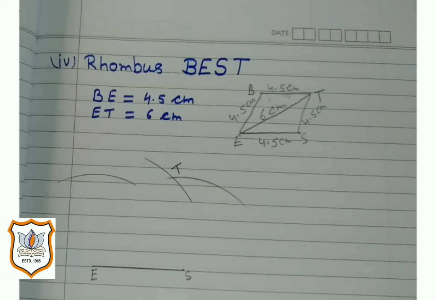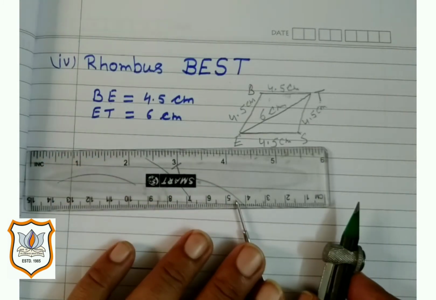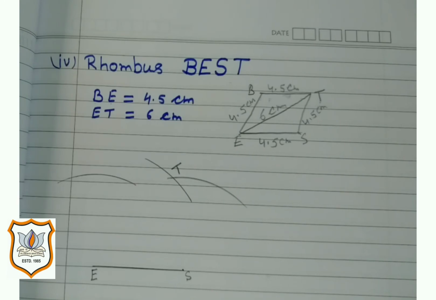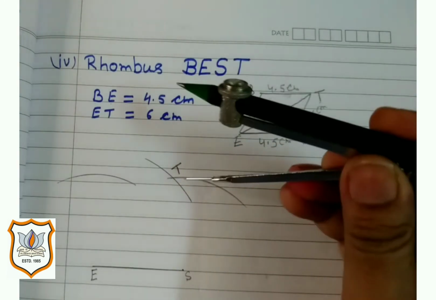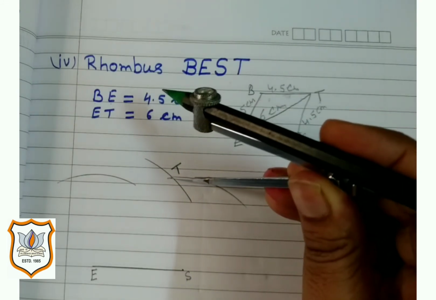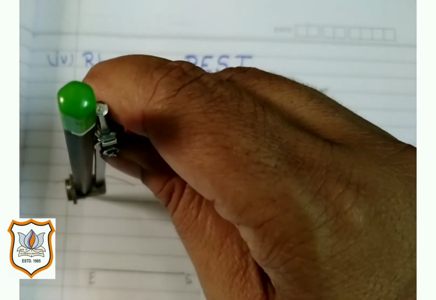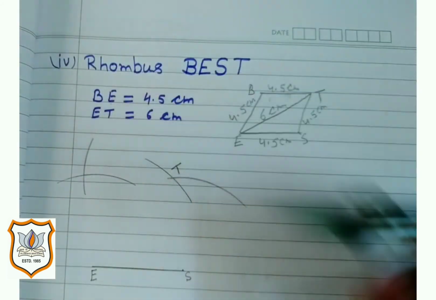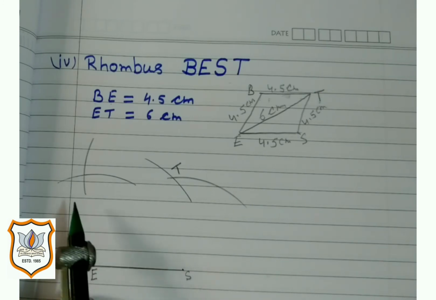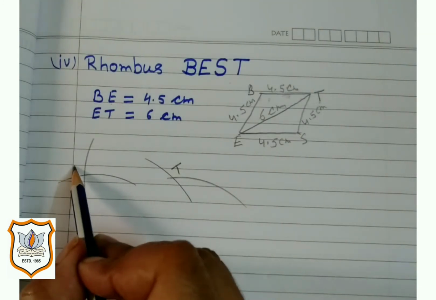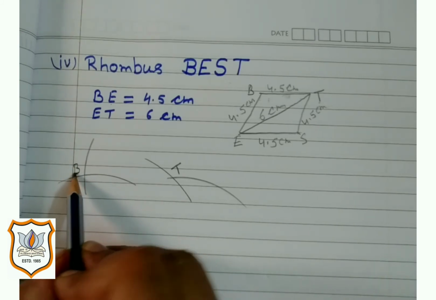So we will take 4.5 centimeter in the compass. You can see here, and we will draw an arc with T as a center. Where is T? Here. This is T. Now we will take T as a center, and we will draw an arc. You can see here. These intersect each other at point B. So we write here, this is B.